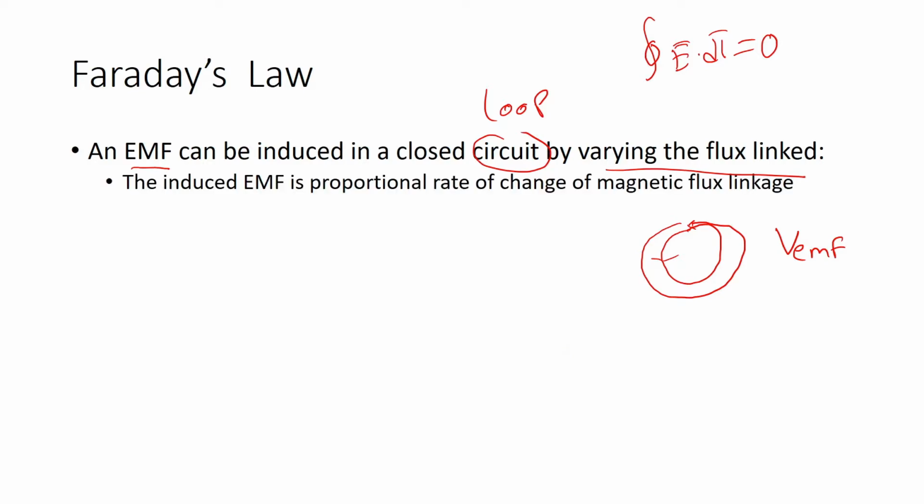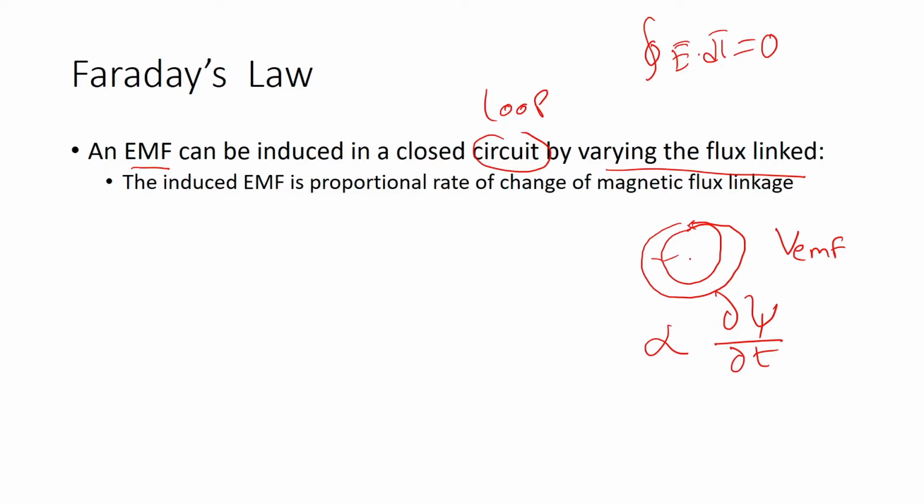He also observed that it is proportional to the rate of change of magnetic flux linkage. If the magnetic flux linkage is psi, the flux linked to the loop, and the change in the magnetic flux linkage is d psi by dt, then he observed that the induced EMF is proportional to the change in flux linkage.